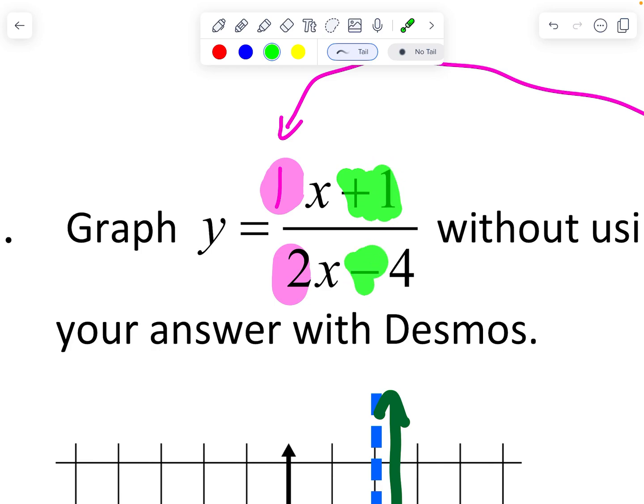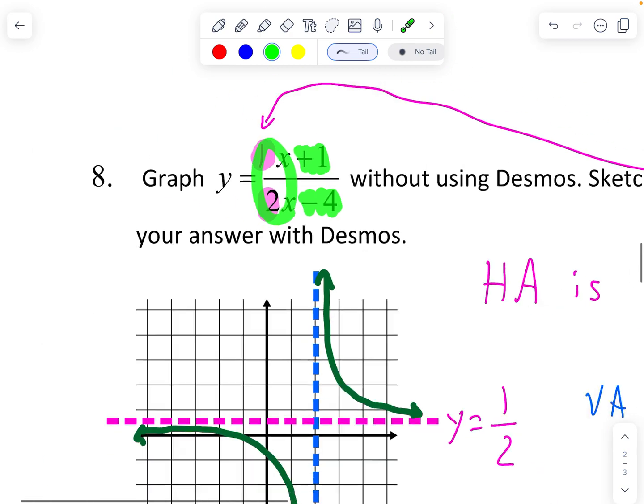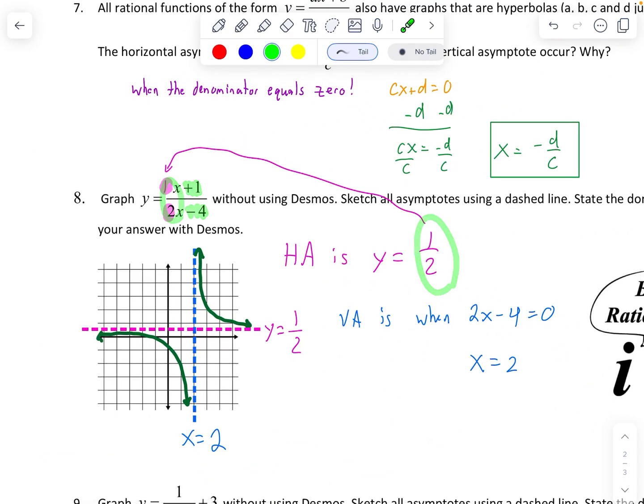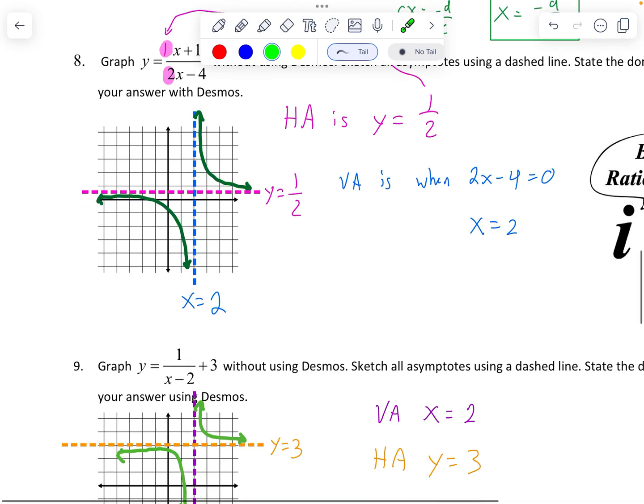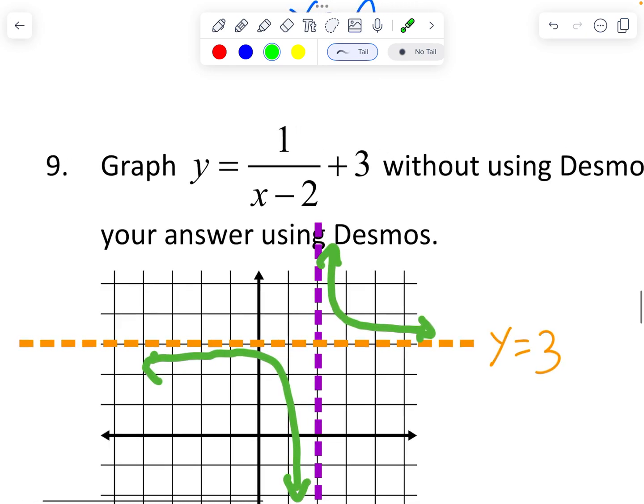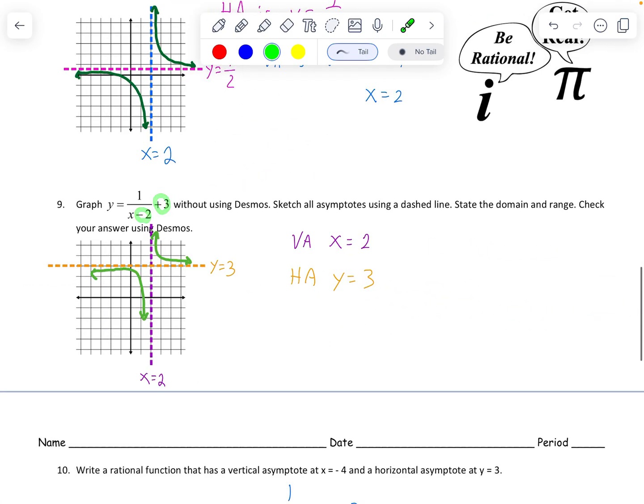This number doesn't matter. This number doesn't matter. And you just have 1x over 2x, which simplifies to 1/2. Okay, plot those asymptotes with dashed lines, and then draw your curve. Okay, this one, start with the parent function. Since there's no x up here, it just goes right 2 and up 3. And so there you go.